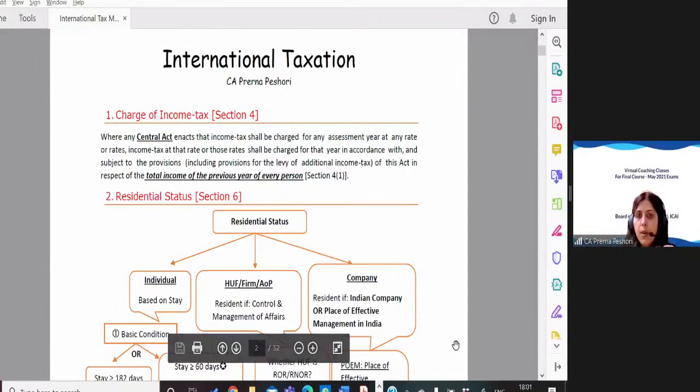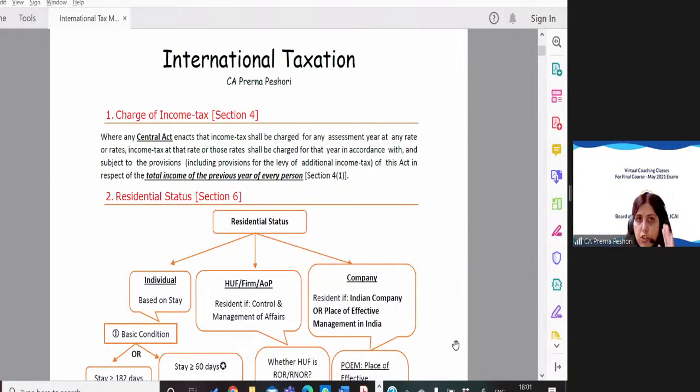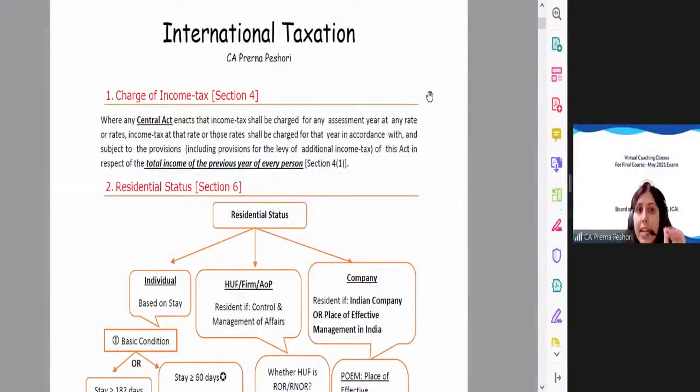Because section 4, the charging section, says that where any central act enacts that income tax shall be charged for any assessment year at any rate, those rates shall be charged for that year in accordance with and subject to the provisions of this act in respect of the total income of the previous year of every person.